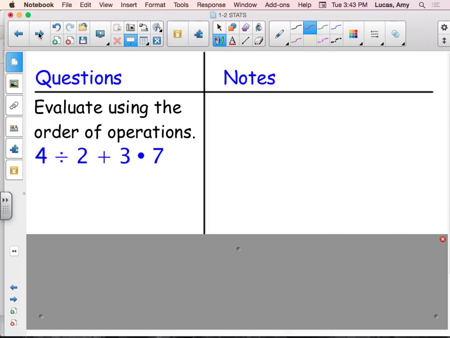Now we're going to use PEMDAS. Evaluate using the order of operations. 4 divided by 2 plus 3 times 7. The first thing I'm going to do is rewrite the problem. Then I'm going to write PEMDAS up above to remind us of our order of operations.